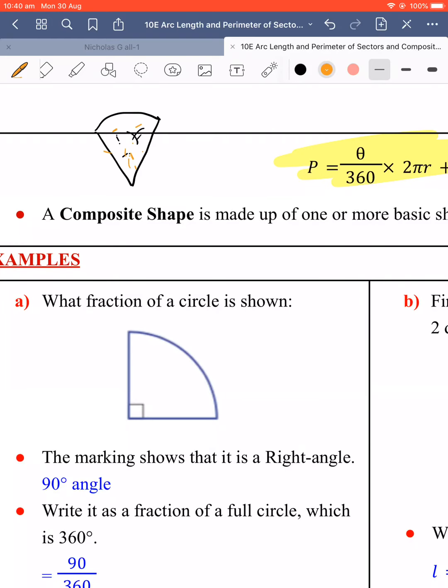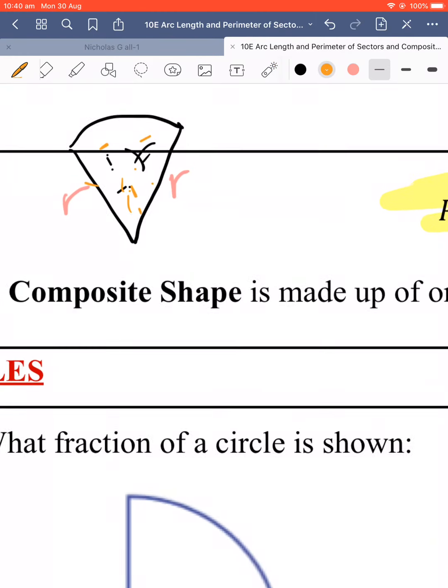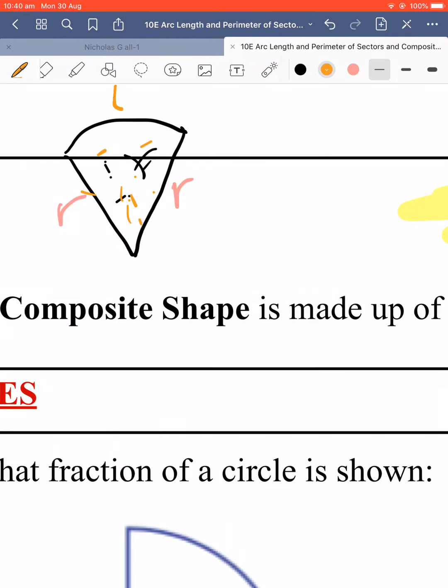There we go. So I have a couple of different features here that I need to keep track of. I have a radius there and a radius there. So these two are where I've made the cuts in my pizza. And then I have my arc length, which is my crust.